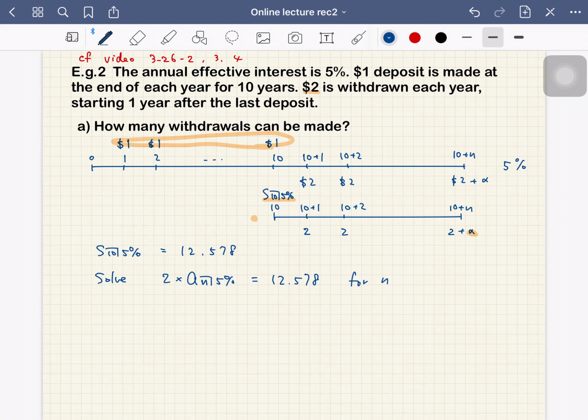To be exact, you can put the negative 12.578 present value and 2 payment and 5 interest rate and compute n.